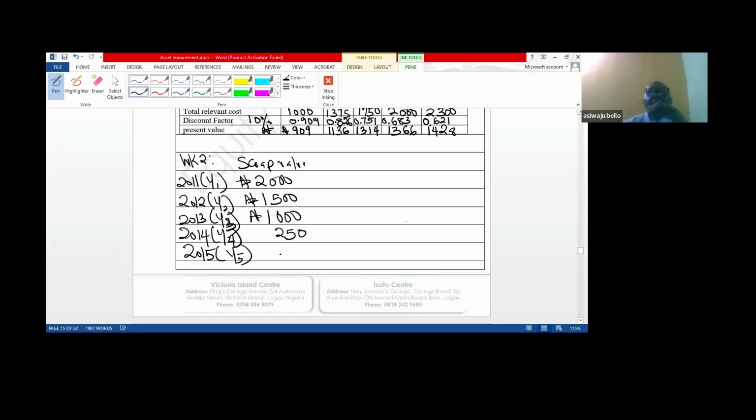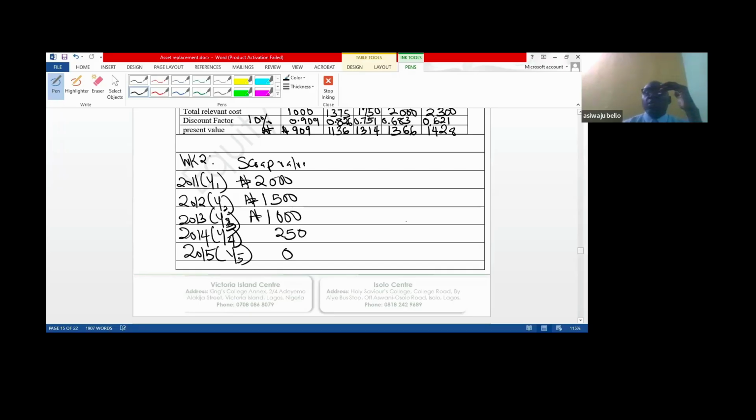Year 2012, that is year 2. Scrap value is 1.5 million. Year 2013, that is year 3. Scrap value is 1 million. Year 2014, that is year 4. Scrap value is 250,000. Year 2015, that is year 5. Examiner says scrap value becomes negligible. That is 0.